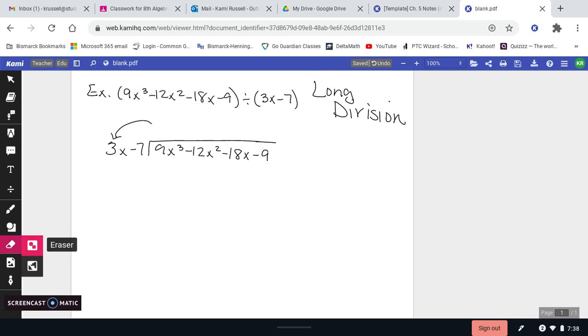So what we're going to put there is 3x squared. I'm going to multiply the 3x squared times 3x minus 7. This is going to get distributed.